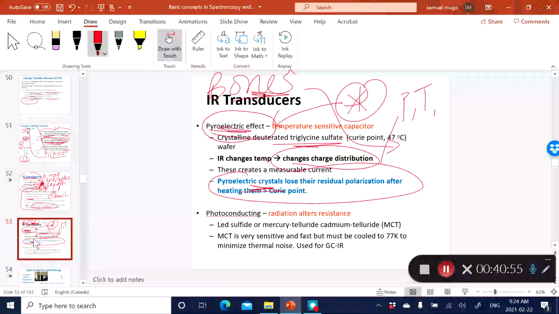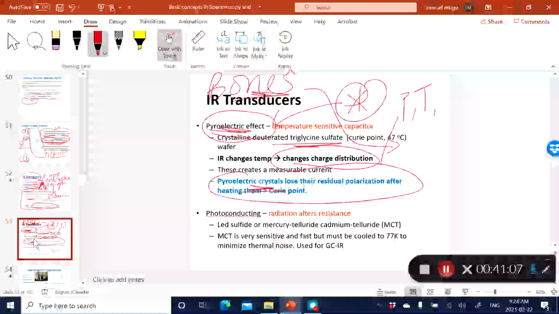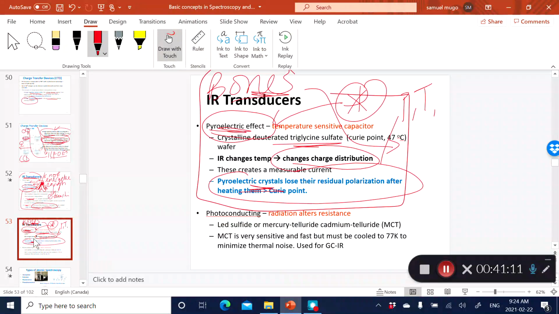And so these days researchers are trying to study all these materials with pyroelectric effect, and as such, you can use them for generation of small amounts of electricity. But in this case, I'm talking about the pyroelectric effect as a basis for the IR transducer. I hope all of us understand that.